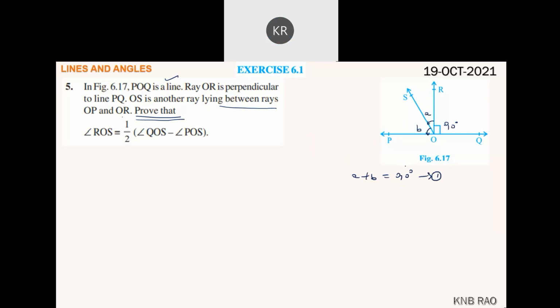Okay. Next. What is your next step? Angle POS plus angle SOQ is equal to 180 degrees. Okay, accepted. Equal to 2A plus 2B, sir.